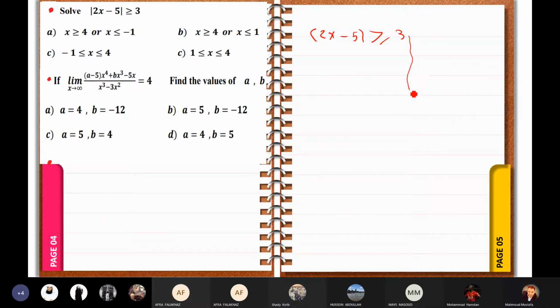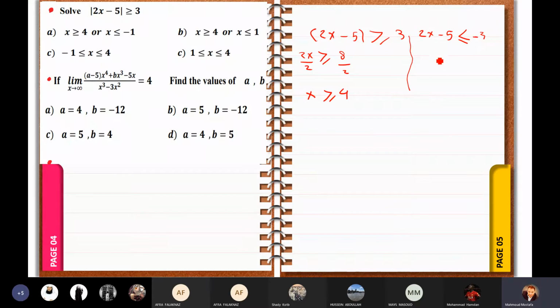Otherwise, 2x minus 5 will be negative, so it will be less than or equal to -3, the opposite side of 3. Solve both. Here 2x greater than or equal to, add 5 to both sides, 8, then divide by 2. So x is greater than or equal to 4.